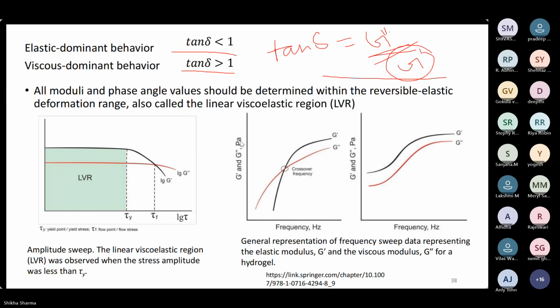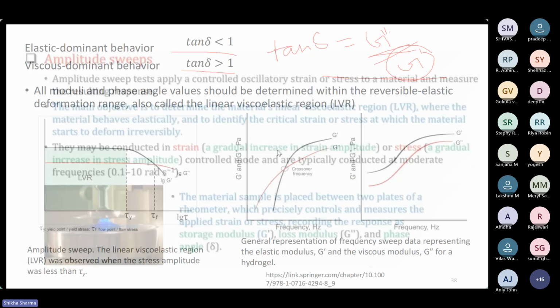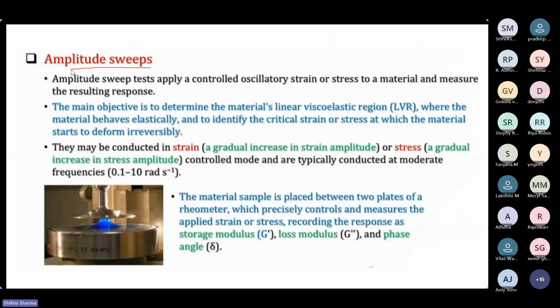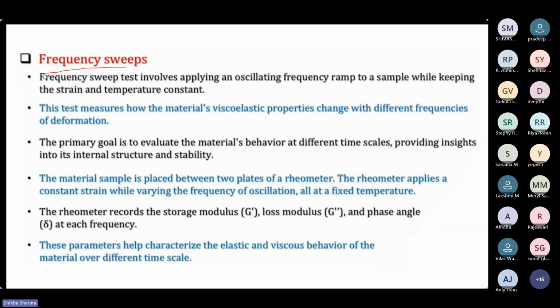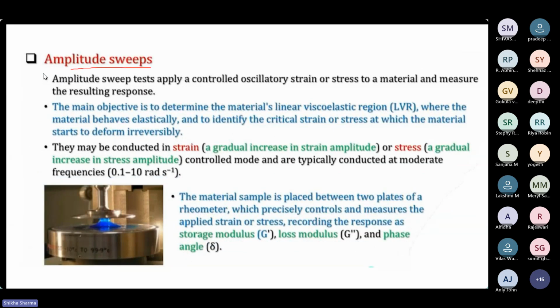When we discuss oscillation behavior, there are two different sweeps, the amplitude sweep and the frequency sweep, which have already been discussed in the lecture slides, so I'll just quickly revise it. In the amplitude sweep, a controlled strain or stress is applied to a material to measure the response.